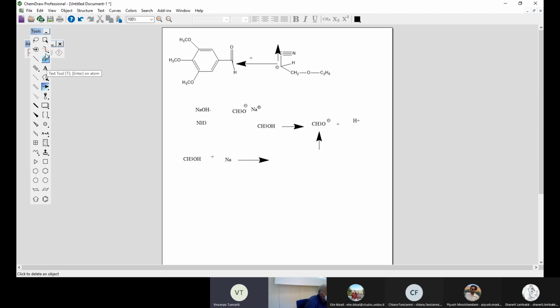We have the formation of half a molecule of hydrogen plus sodium methoxide.